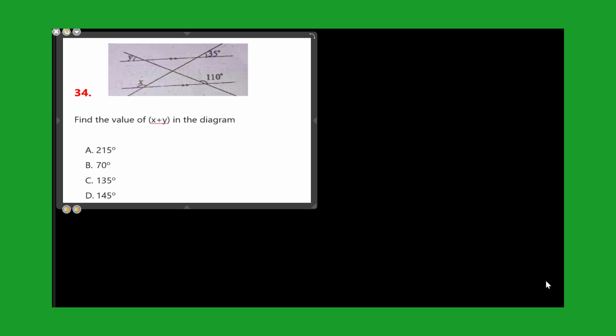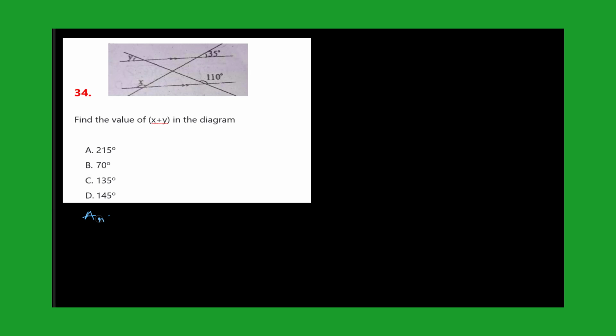Here, this question 34, we are asked to find the value of x and y in this diagram. Okay, so let's get started. Angle on a straight line equals 180 degrees. That is known. So I'll label this place to be m, because it's not clear enough.